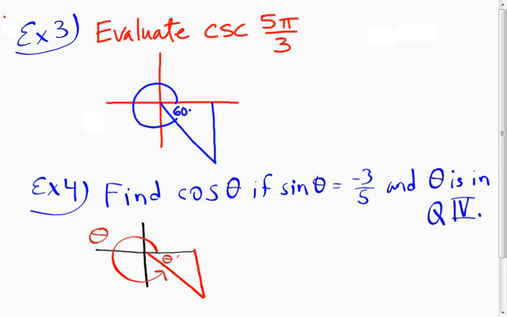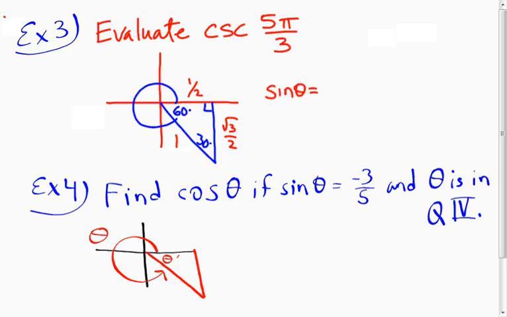So 60 degrees is our reference angle, and it's a 30, 60, 90 triangle. We toss in the sides. That's why it's so important to memorize these. All right. And we need to evaluate the cosecant, which is the reciprocal of sine.